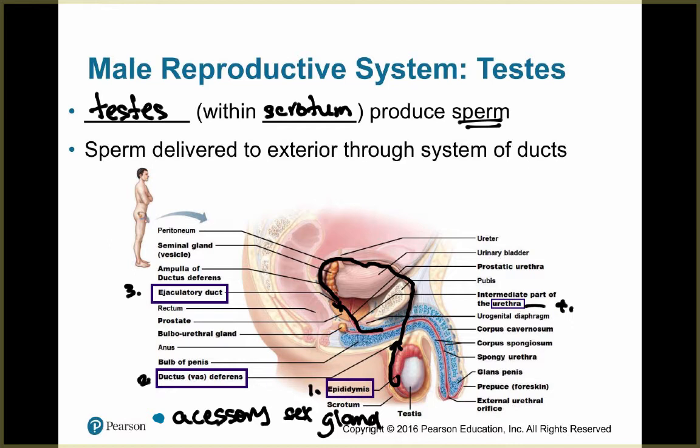So you can see up here you have the seminal gland. You have here the prostate gland, and the bulbourethral gland here. Those are the three main accessory sex glands that we're going to end up talking about later in this lecture.